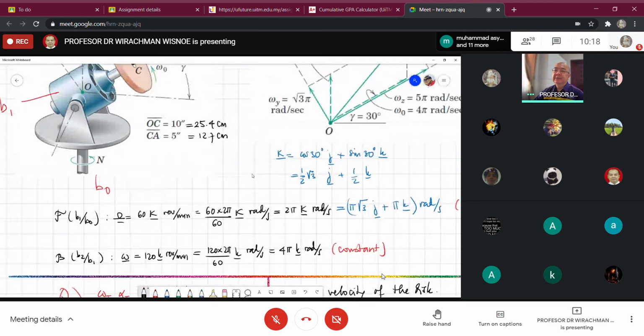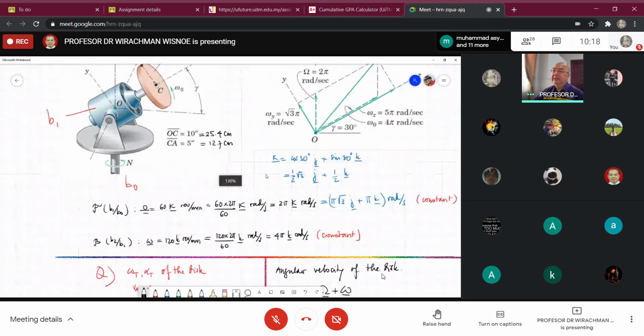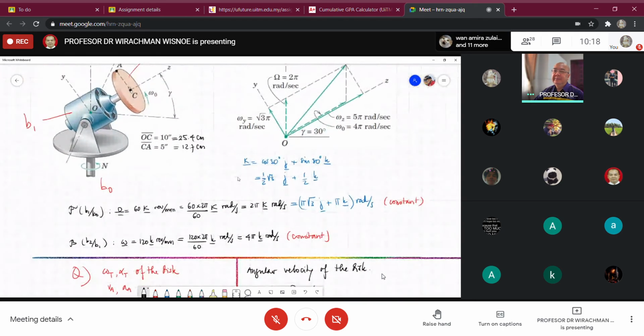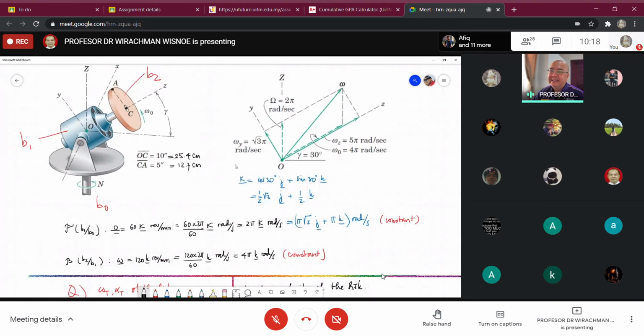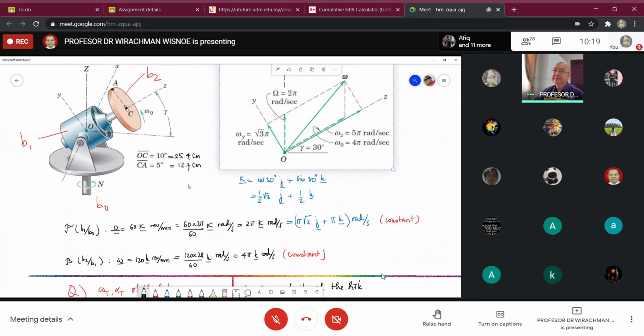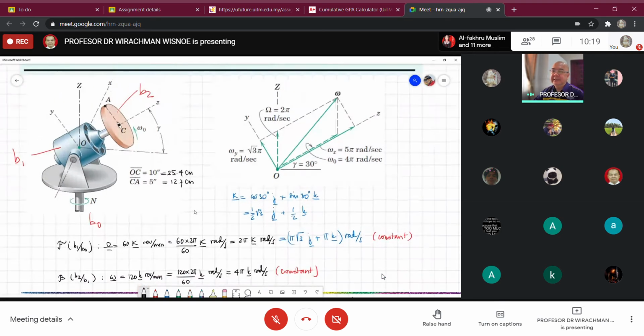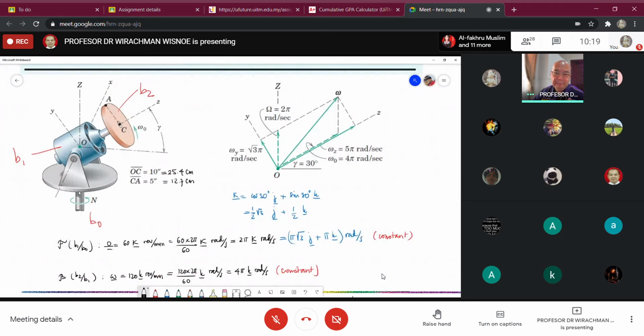Okay, so let's draw the axes of these 2 frames. First the B1, which is rotating with respect to B0. So this platform is rotating about the Z-axis, the capital Z-axis.